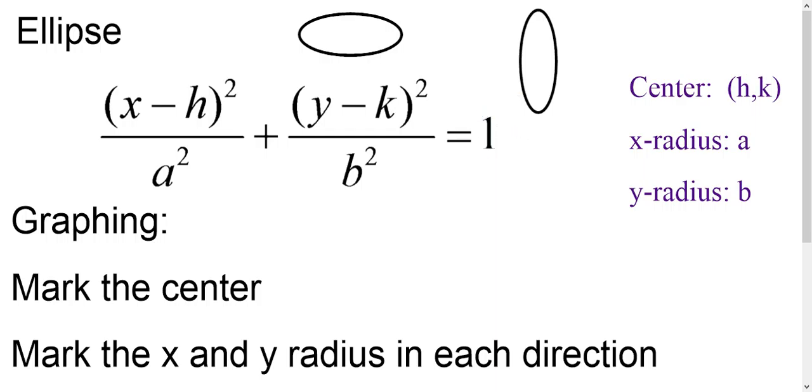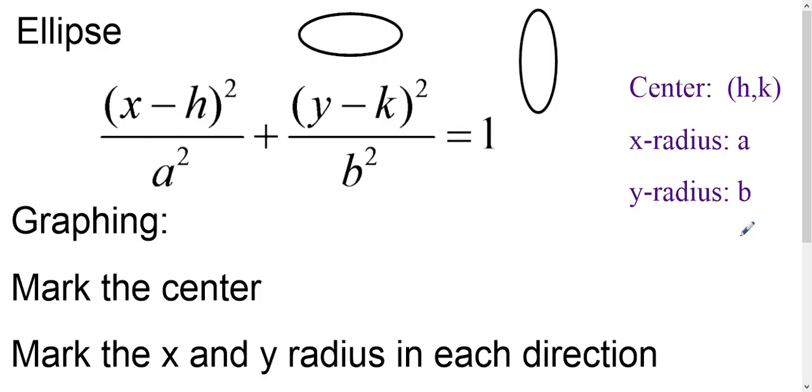The center, just like circles, is (h, k), so remember we have to change the sign of h and k. But now, since an ellipse can be wider and shorter or taller and skinnier, there are different radii depending on which way you're going. If you're going in the x direction, sideways, you'll use the x radius, which is underneath your (x minus h) squared.